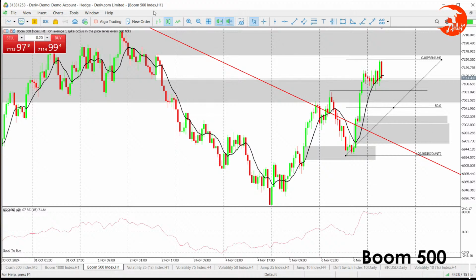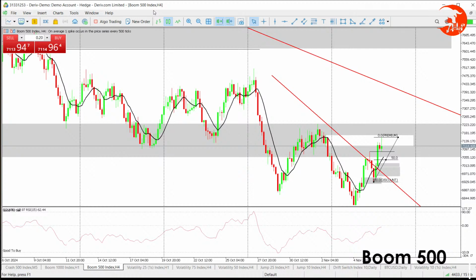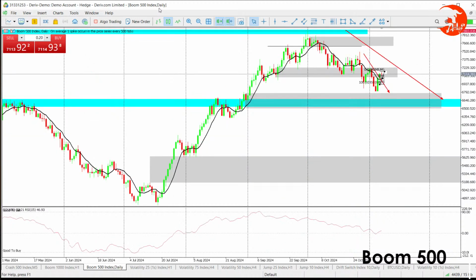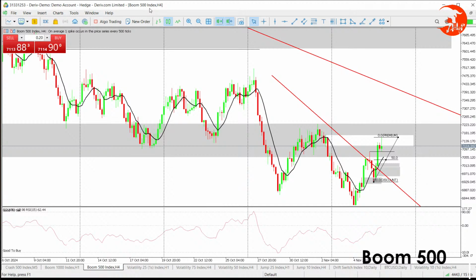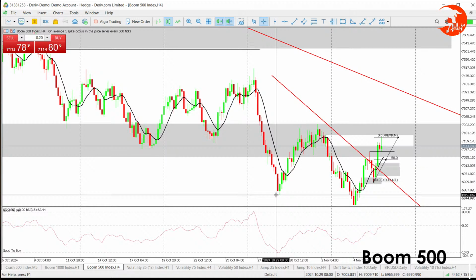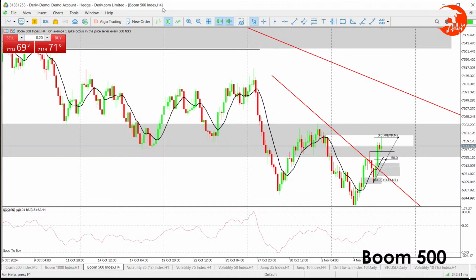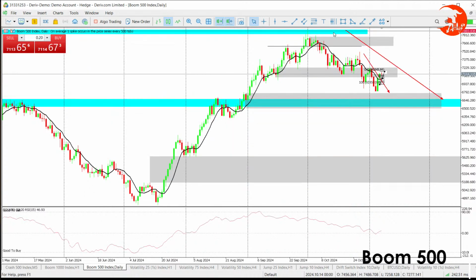So we will wait for whatever it gives us. Then we can think of more buying according to H4. This was a break of structure, but when it shifted, it changed character. According to data, we are selling, and we saw a break of structure here.